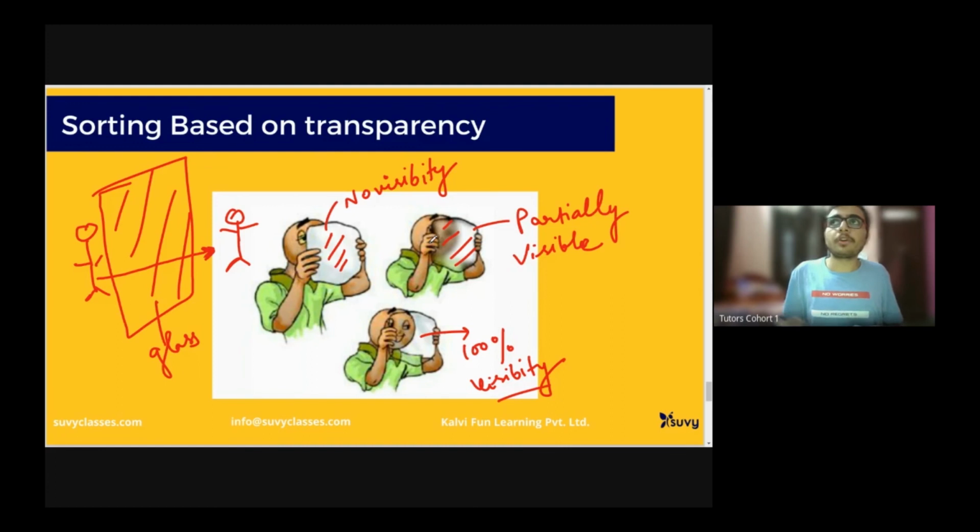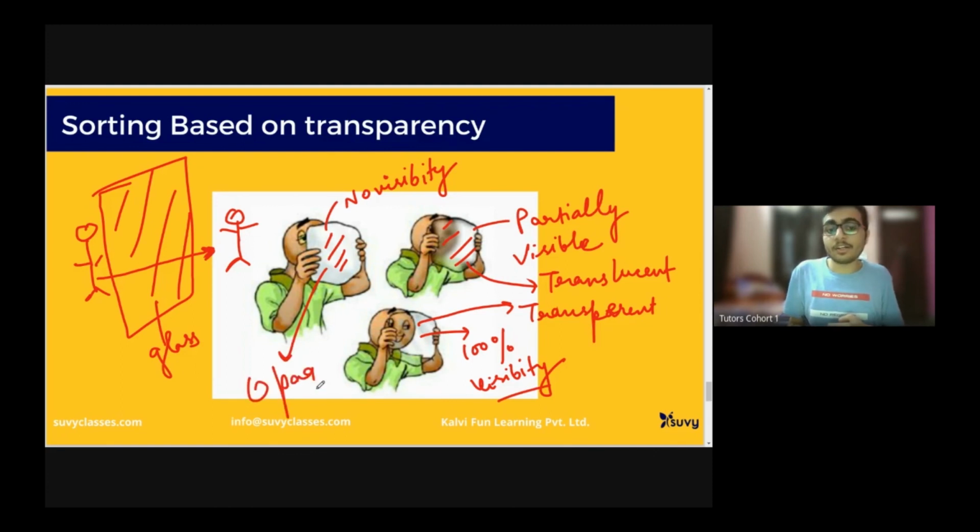For example, if the glass wall is dirty, with so much mist over it, I cannot see clearly through it. That will be termed translucent. Mark the word translucent. If I have a clean glass wall which has 100% visibility, it is transparent. If it has zero visibility, it is termed opaque.